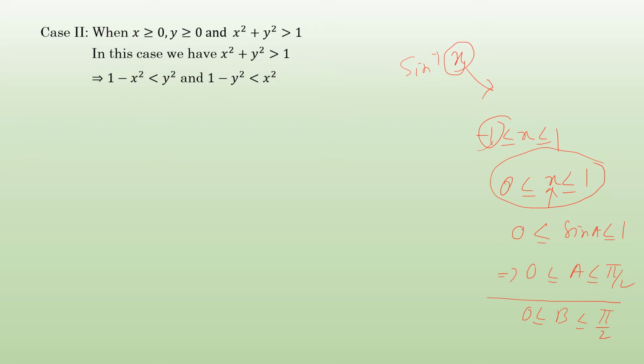Why? Because actually our target is to find this root over of 1 minus x square into root over of 1 minus y square minus xy. Whether this total expression is less than 0 or greater than 0, that should be our target, as well as where the angle A and B and A plus B are situated.